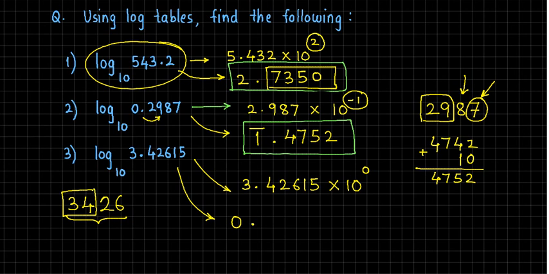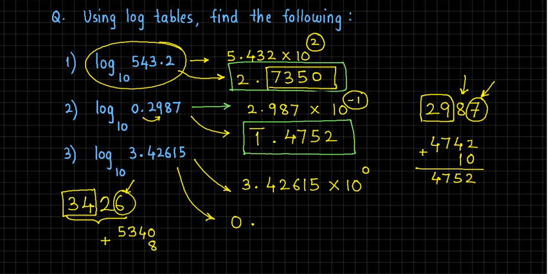Okay, look at the log table and see, in the row of 34 under column 2 we have the value 5340, and then we have to go to the mean difference column of 6. So in the row 34 under the mean difference 6, you will notice that the value written is 8.